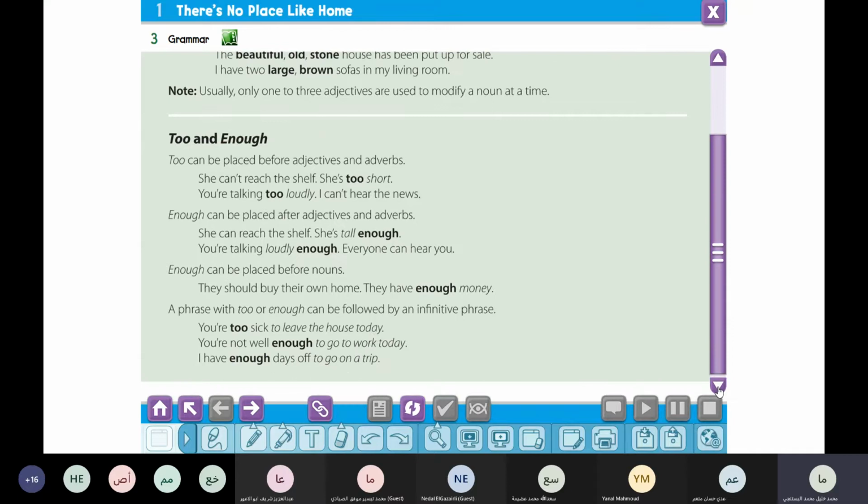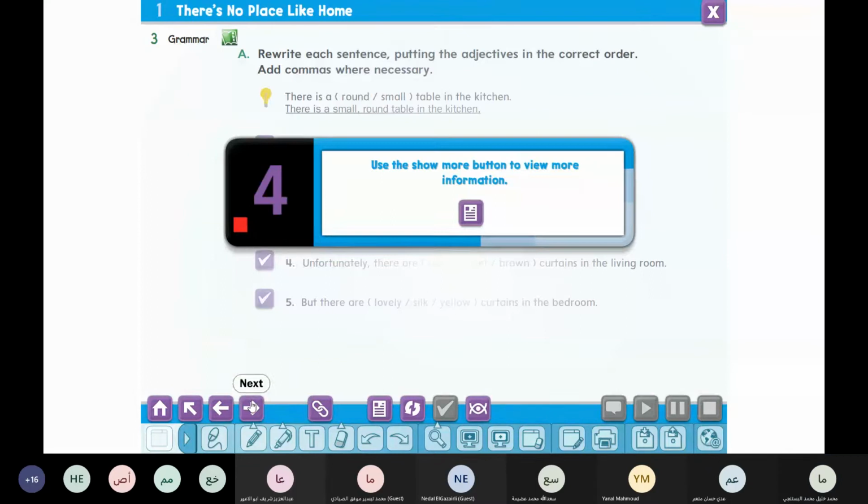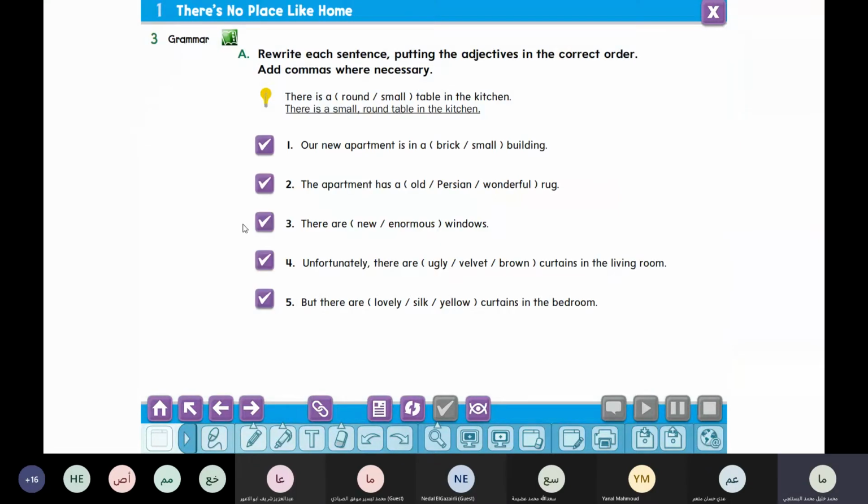Okay, let's move to the exercises. Look at your books on page 8, exercise A. Rewrite each sentence, putting the adjectives in the correct order. Add commas where necessary. This exercise depends on the first structure, the adjective order. Look at the example.